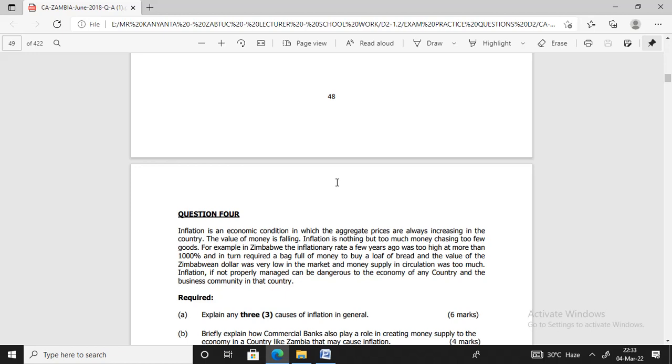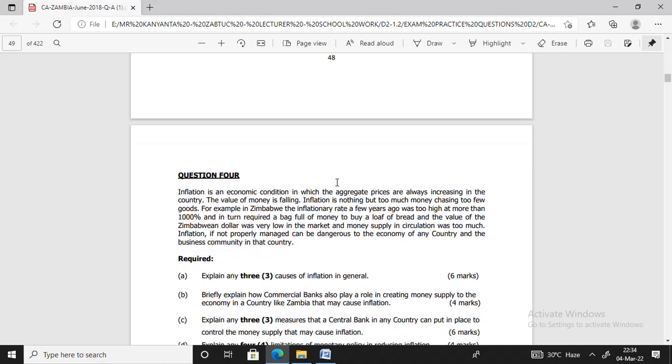And the value of the Zimbabwean dollar was very low in the market, and the money supply in circulation was too high. Inflation, if not properly managed, can be dangerous to the economy of any country and the business community in that country. So explain any 3 causes of inflation.